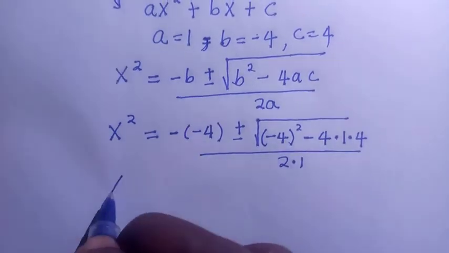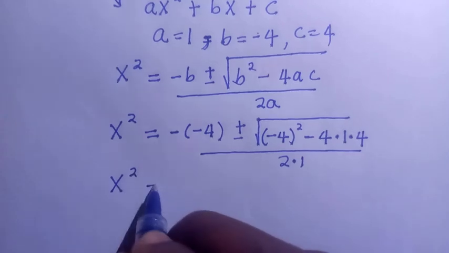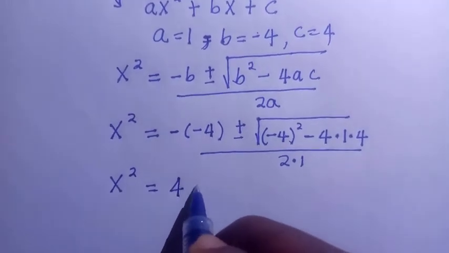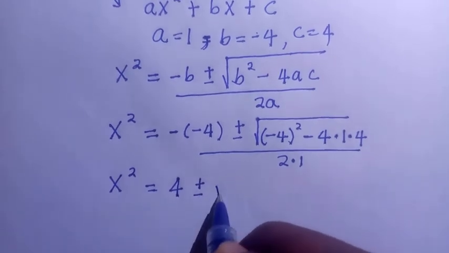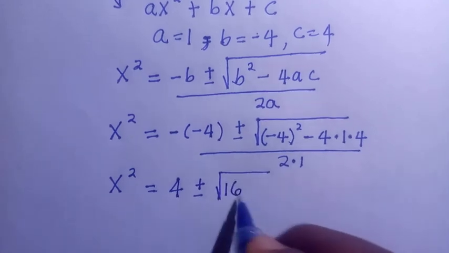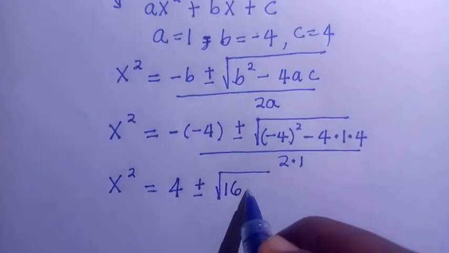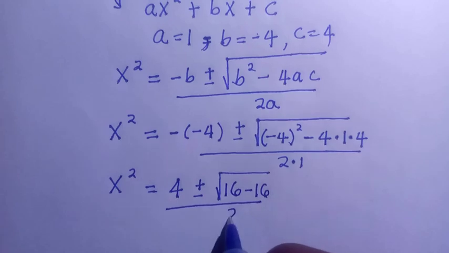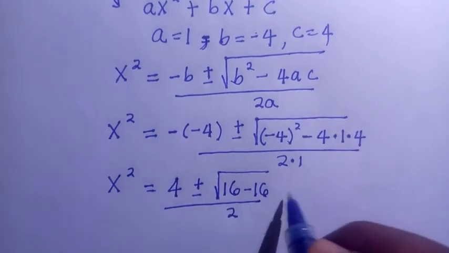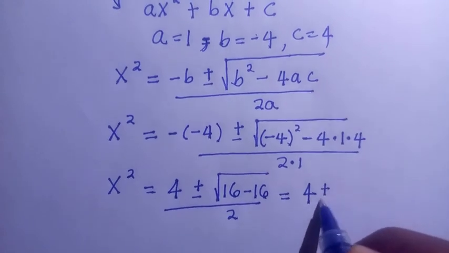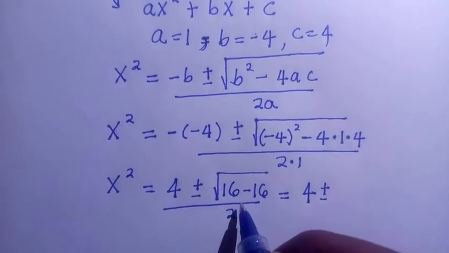So next we have x to the power of 2 equals, when minus multiply minus, we are going to get plus 4. Then plus or minus the square root of, so minus 4 square gives us 16. Then 4 times 4 also gives us 16, divided by 2. So with this one, we are going to have this as 4 plus or minus, this one will become 0.